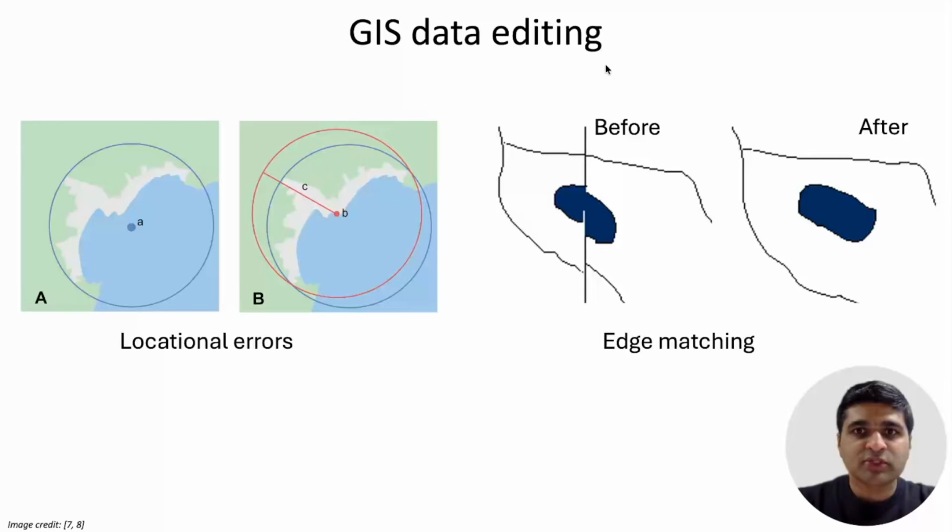Locational errors happen when the position or shape of features on the map is not correct. These errors usually come from three sources: georeferencing mistakes, scanning problems, or human errors. Georeferencing errors happen when the wrong control points are used, which can distort the shape or scale of the map.